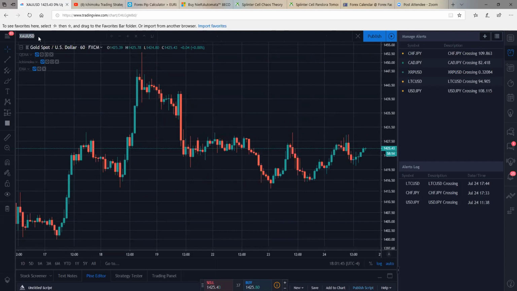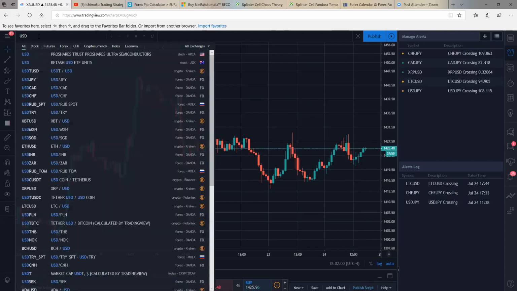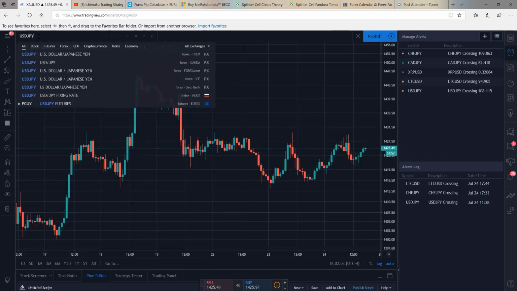This is a pair you trade in the foreign exchange as well, but it's not a pair per se, it's just one commodity. Let's go to something that's been hot and in the news for like the last year, and this is going to be the U.S. dollar versus the Japanese yen, U.S. versus China trade wars. Okay.